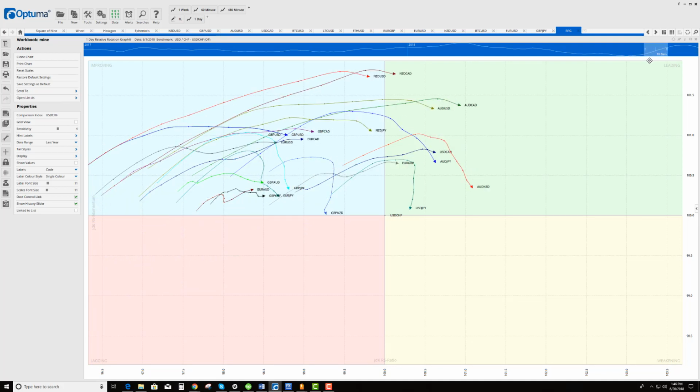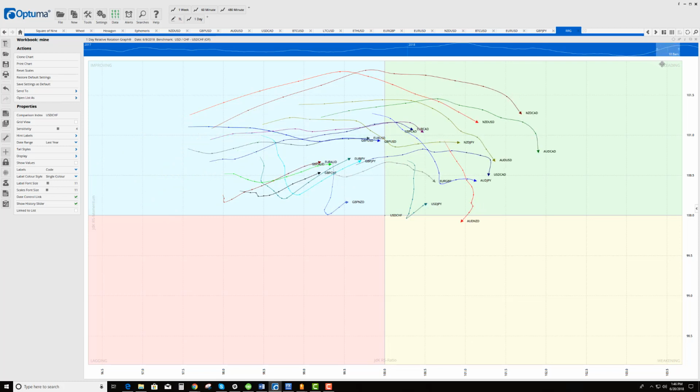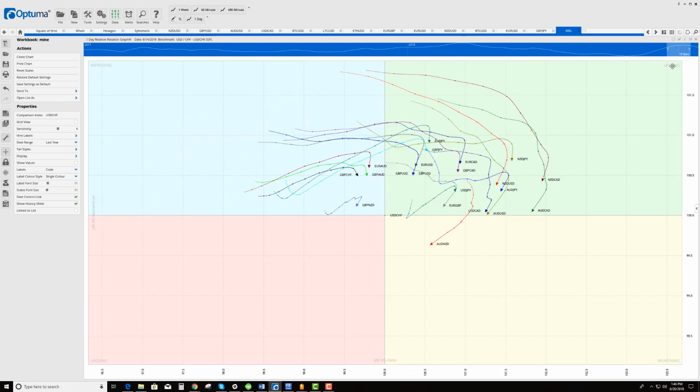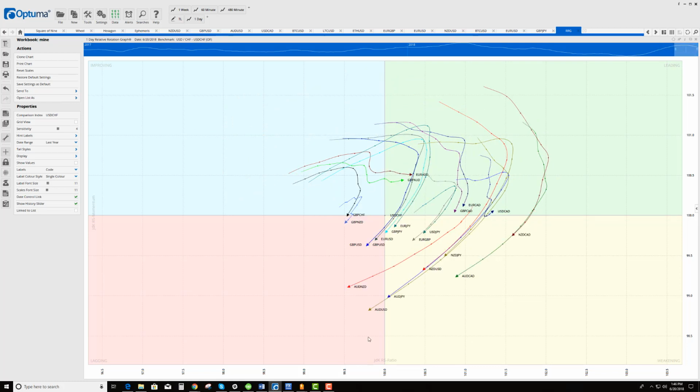And so we can see that while a lot of things do move in the same direction, not everything moves in the same direction. And we can see where some clear underperformers are. So we can see that the Aussie dollar currently is definitely lagging and underperforming the entire broad market, all the other pairs.